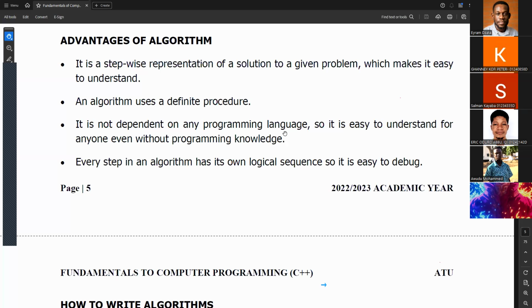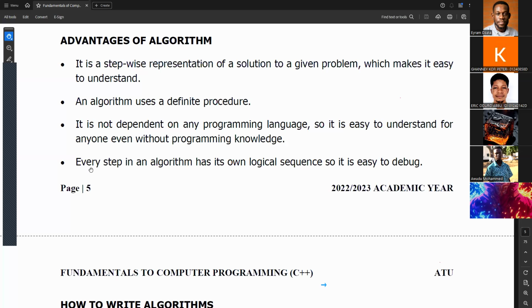Anyone, depending on which language you are good at, can take the algorithm and implement it in that language. Then it is also easy to understand.